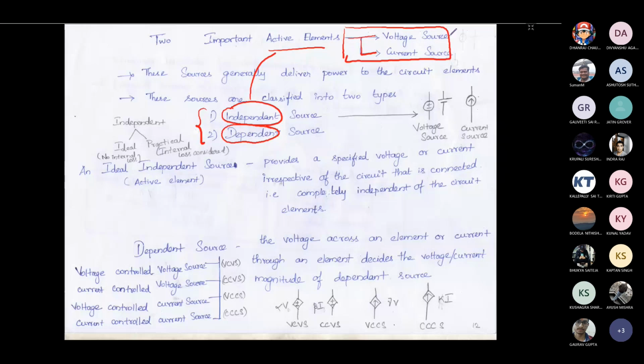The voltage source can be independent voltage source or dependent voltage source. Similarly, the current source can be dependent current source or independent current source. Okay, what is that we will see later on.